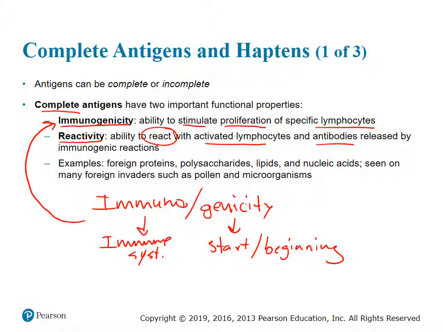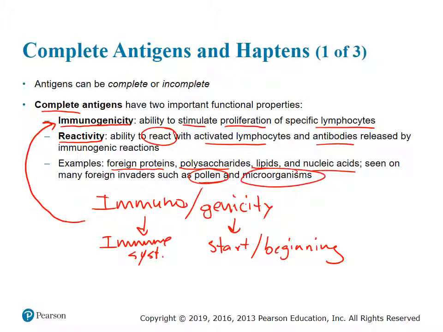And so when we see, for example, proteins, polysaccharides, lipids, and nucleic acids, different types of macromolecules, many of them are complete. We see these, for example, in pollen and microorganisms.